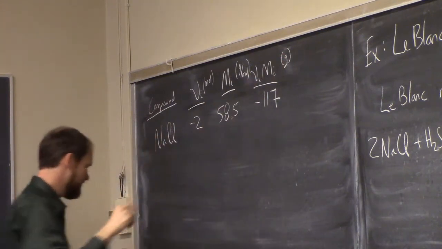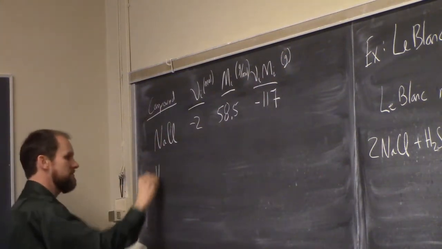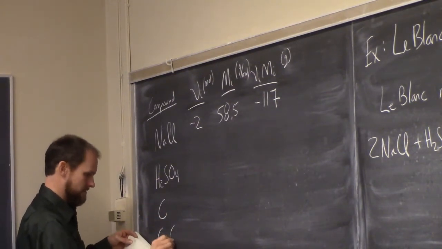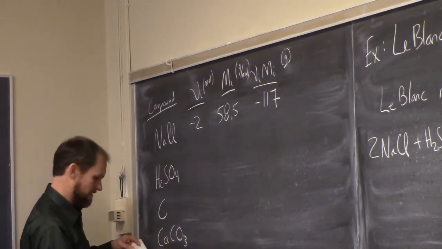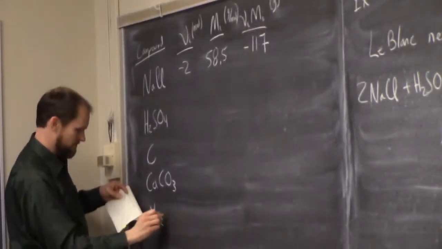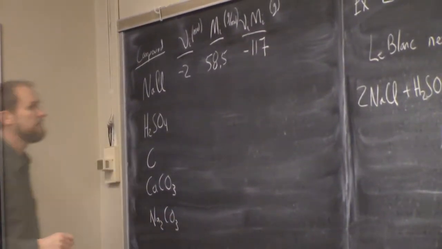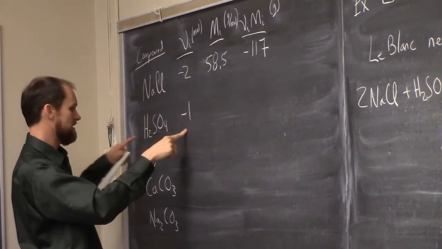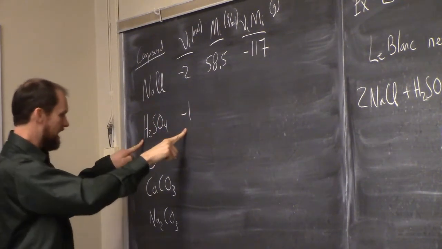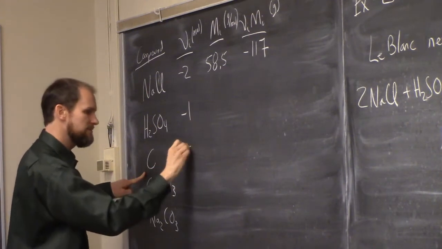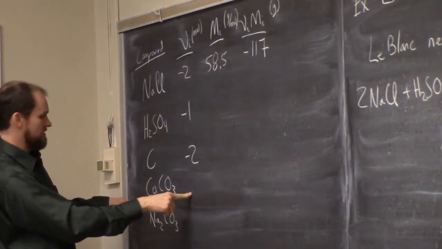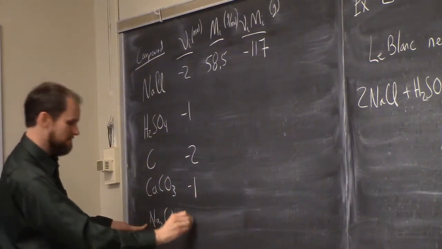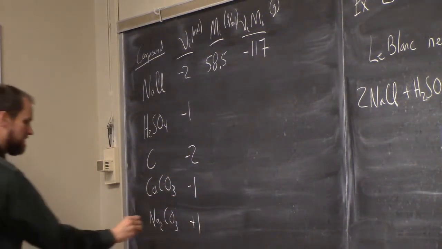Okay, the other compounds: H2SO4, carbon, calcium carbonate, sodium carbonate. Stoichiometric coefficients: 1 mole of hydrogen sulfate, 2 moles of coal, and 1 mole of calcium carbonate is going to make me 1 mole of sodium carbonate.